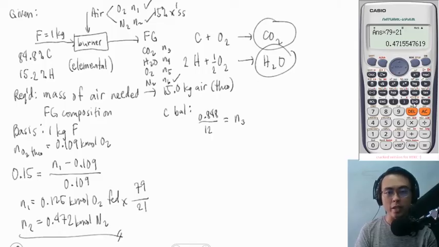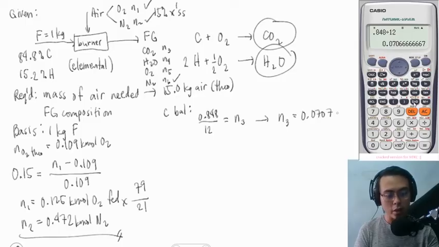And our fuel is in mass basis. That's why we have to divide the feed by the molecular weight. So from this, we now determine N3 to be 0.848 divided by 12, 0.0707 kilomole CO2.